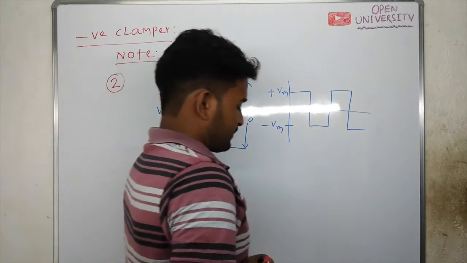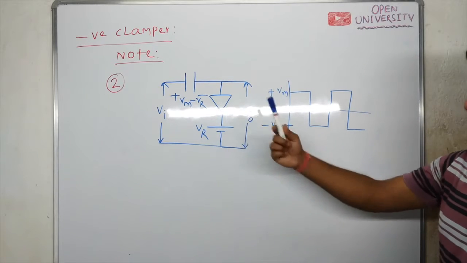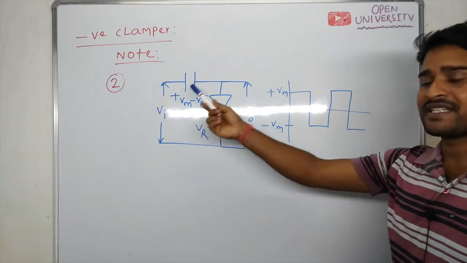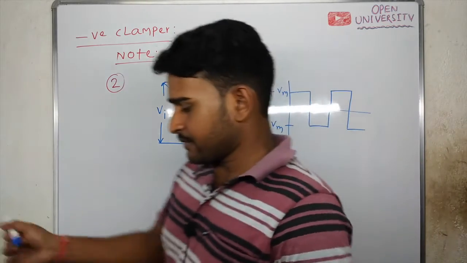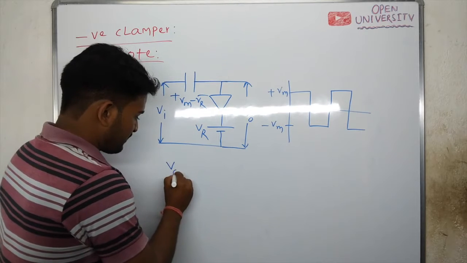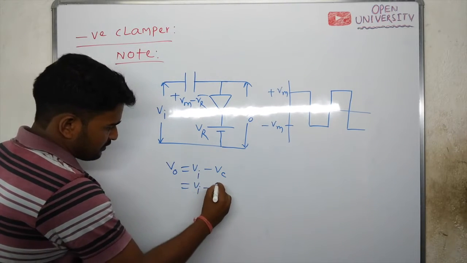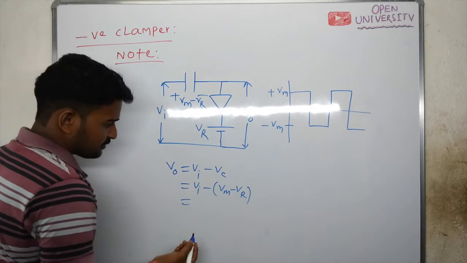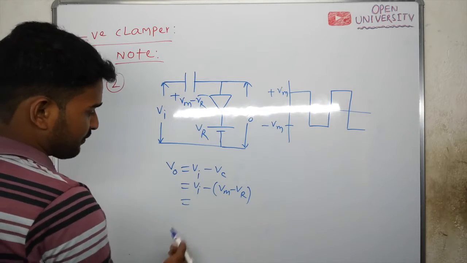During the negative half cycle, this diode becomes open circuited and the capacitor cannot discharge, so the capacitor voltage will be fixed at Vm minus Vr forever, irrespective of the input being positive or negative. So the output voltage will be Vi minus Vc, where Vc equals Vm minus Vr. This circuit is adding this much of negative voltage to the input waveform.